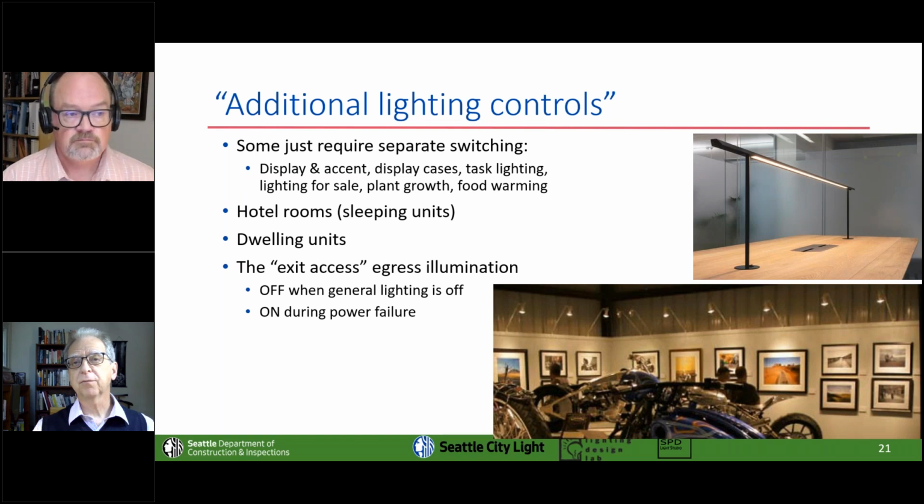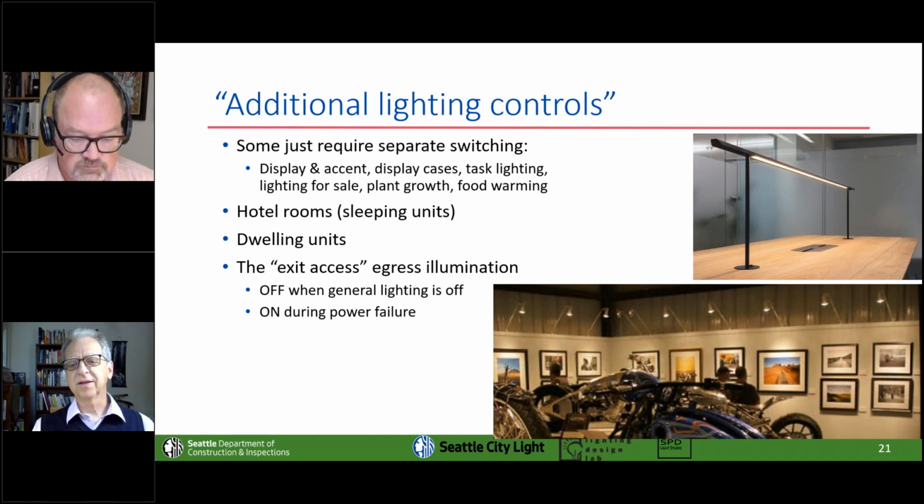Everything from your desk all the way until you're out at the street is the path of egress. And it's really divided into three. There's that exit access to get from your chair or your desk or your dining table, whatever, to the stair or to the exterior door. And then the doors or the stair is the exit.